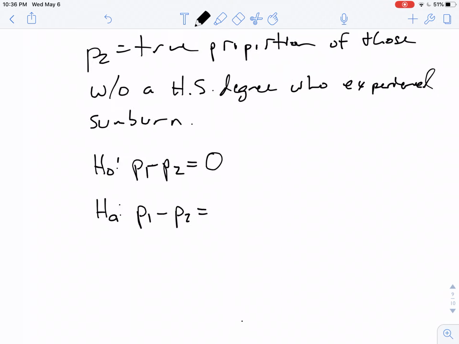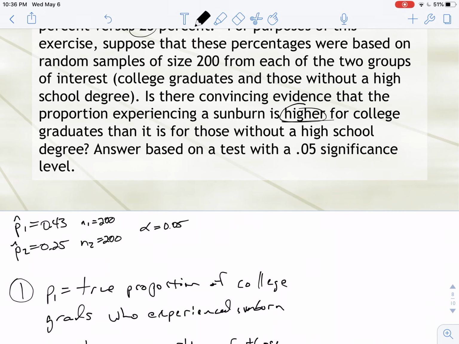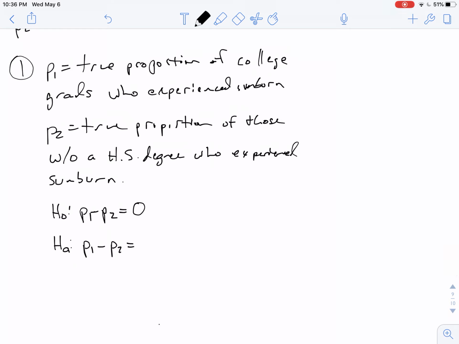So p1 minus p2. But now again, what I'm trying to show is that the incidence of sunburn is higher for college graduates. So I don't want that to be an equal there. I want that to be a greater than, so it's going to be greater than 0.